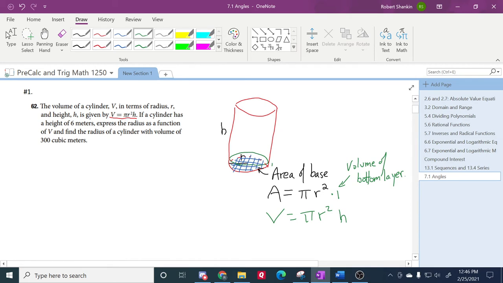Now, if a cylinder has a height of 6, then we're going to have V equals pi r squared times 6, because 6 goes in for the h. Express the radius as a function of the volume. Now, what does it mean to express the radius as a function of the volume?